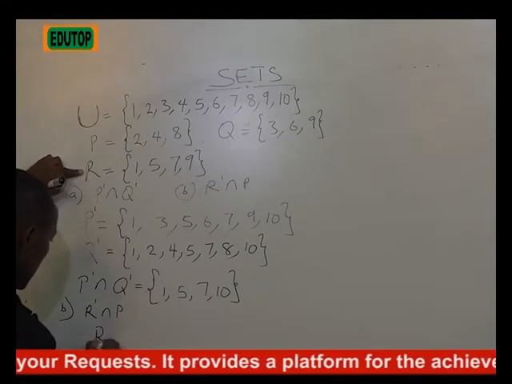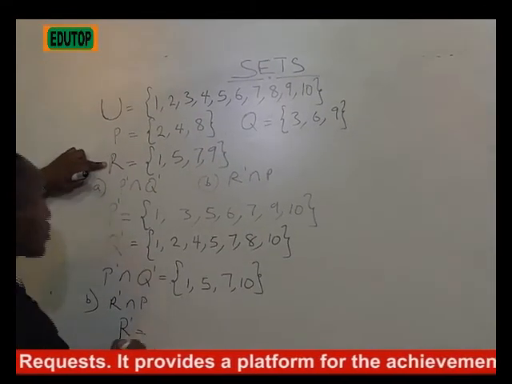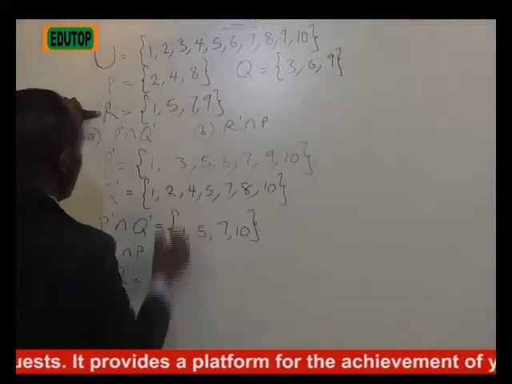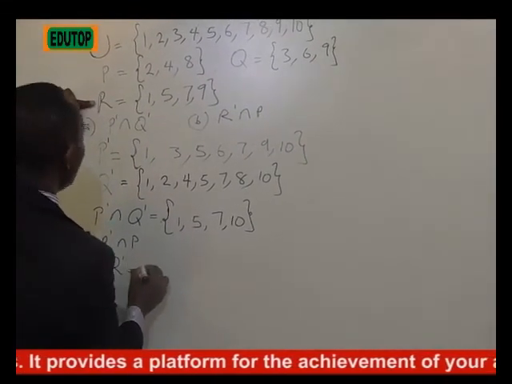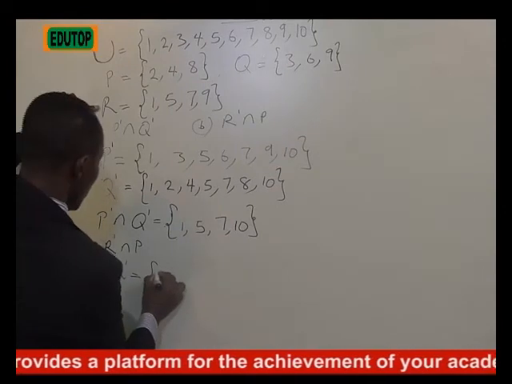That will be R complement, which is equal to, 1 is in R, 2 is not there.